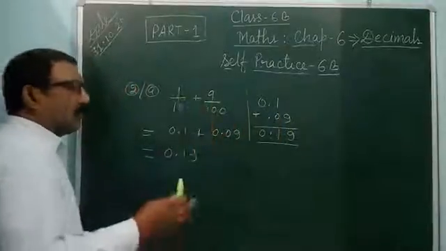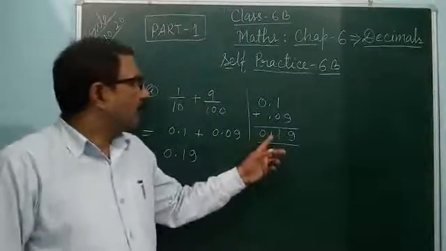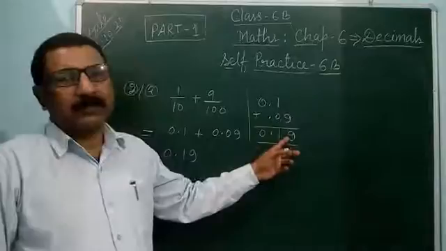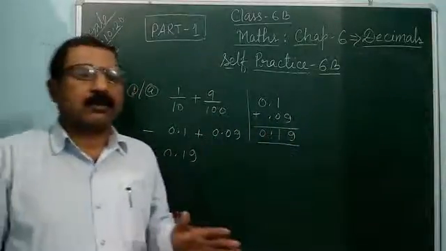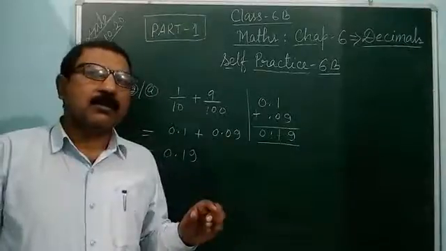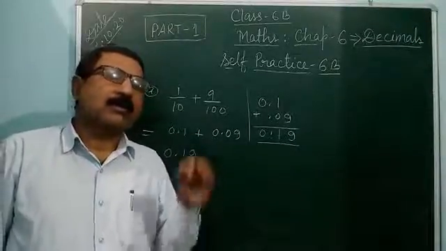So 0.19. You read it as zero point one nine; don't read it as zero point nineteen. After the decimal, always count each digit separately.